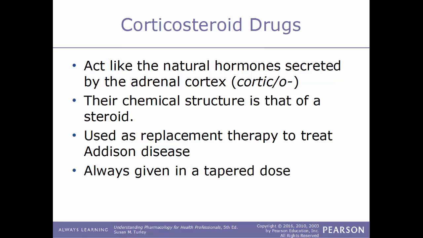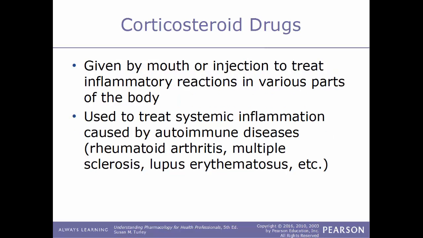These drugs are used as a replacement therapy to treat Addison's disease. These are always given in a tapered dose. These can be given either by mouth or by injection to treat inflammatory reactions in various parts of the body. And these can be used to treat systemic inflammation that's caused by autoimmune diseases such as MS or lupus or rheumatoid arthritis, and so on.